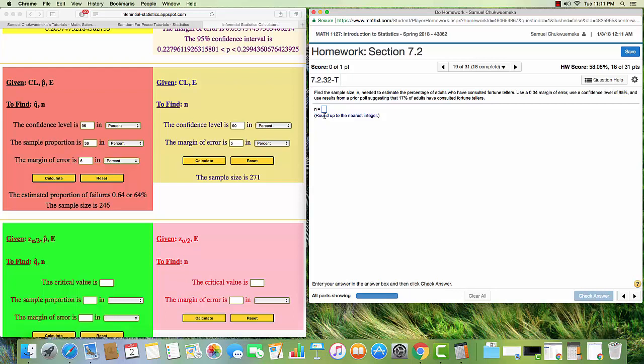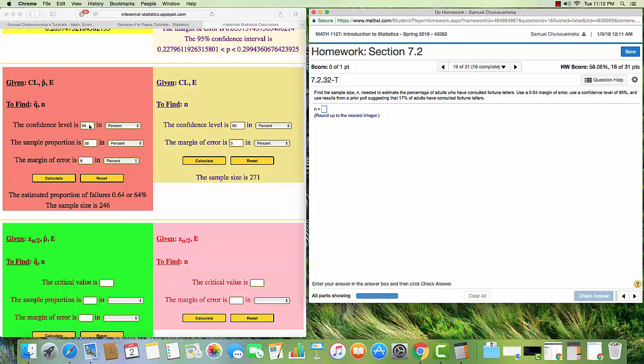Question 19. Find the sample size needed to estimate the percentage of adults who have consulted fortune tellers. Use a 0.04 margin of error. Use a confidence level of 95%. And use results from a prior poll suggesting that 17% of adults have consulted fortune tellers.